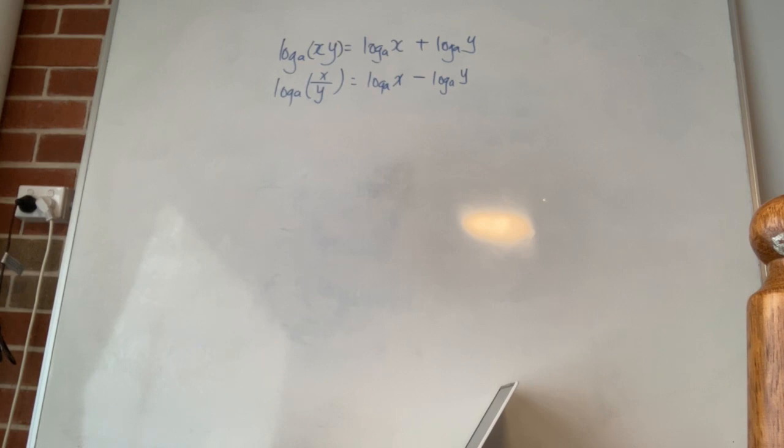Yeah, so it's going to equal log base 10 of 10 squared. And then the square can go to the front. So the next step you can write as 2 log base 10 of 10. Log base 10 of 10 will give you 1. So the answer is going to be 2.